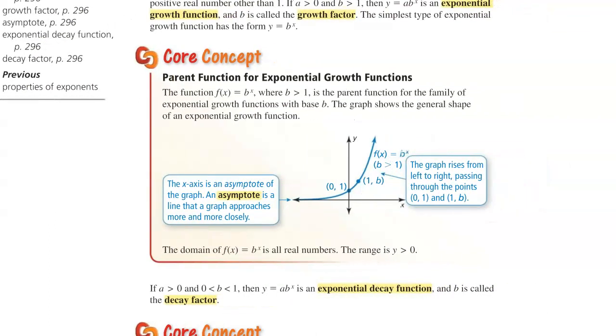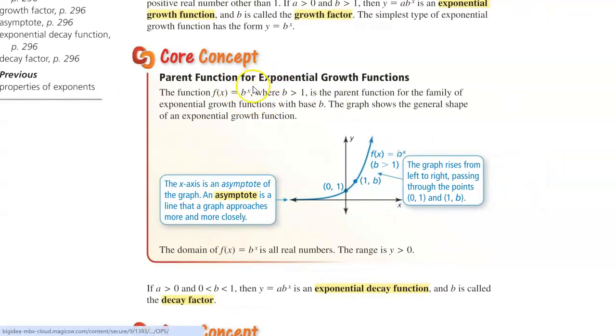Okay, so parent functions for exponential growth functions. Again, this is your parent function. B's got to be greater than 1 for exponential growth functions. And this again is the general shape. And the key thing to notice that I was looking at earlier was that when you're at the y-intercept where x is 0, and in this case the parent function is 1, the way to tell the growth factor is to see how it increases when you go from an x of 0 to an x of 1.